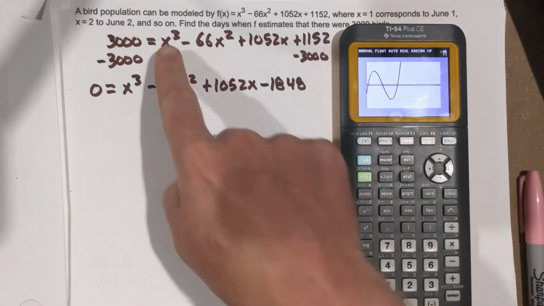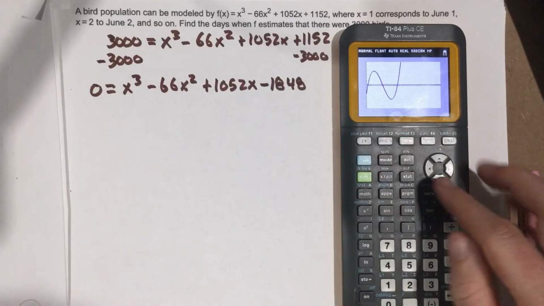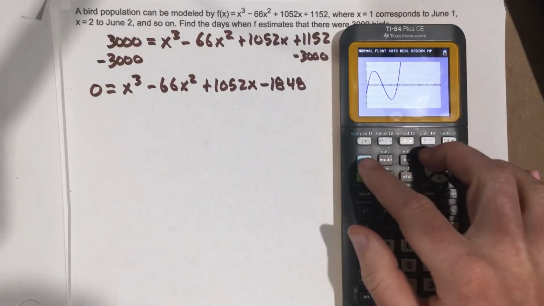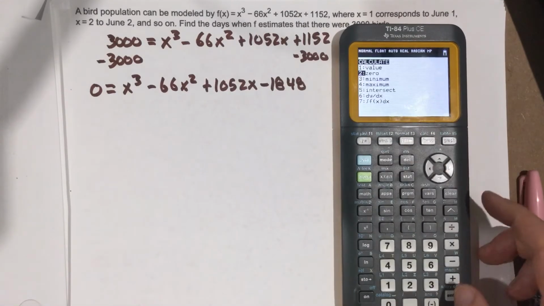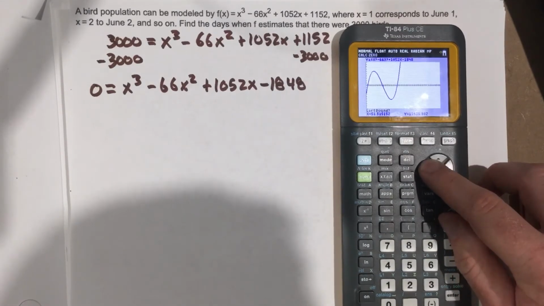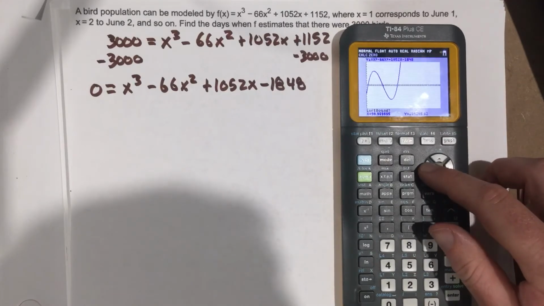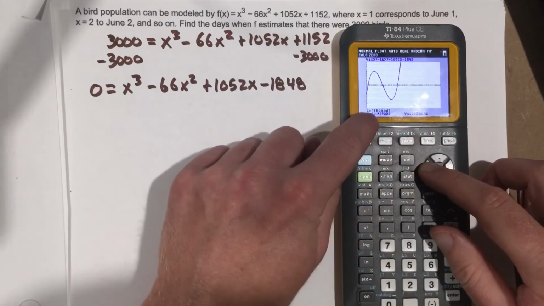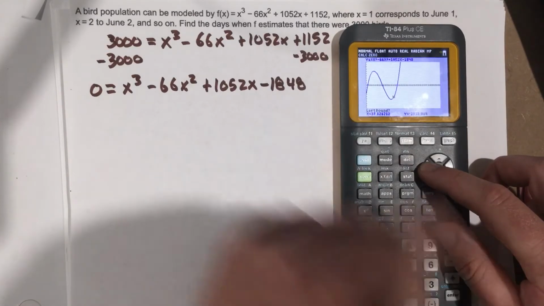We know that it's a cubic function, so we've got 3 zeros here. We can see it pretty good. We're going to use this calc button, which is the 0 option. We're going to find the zeros, and all we've got to do is put in our left bound and our right bound.